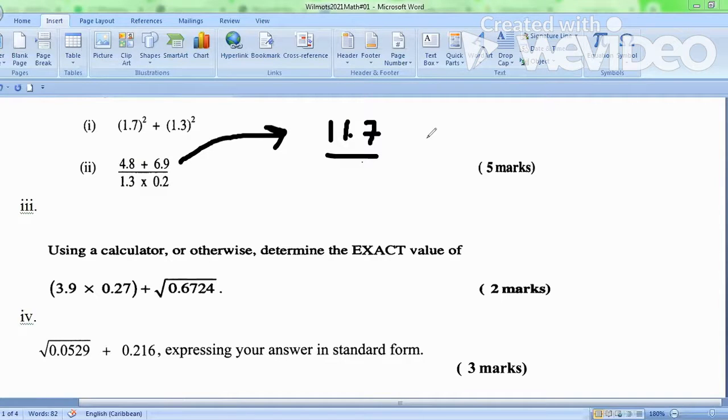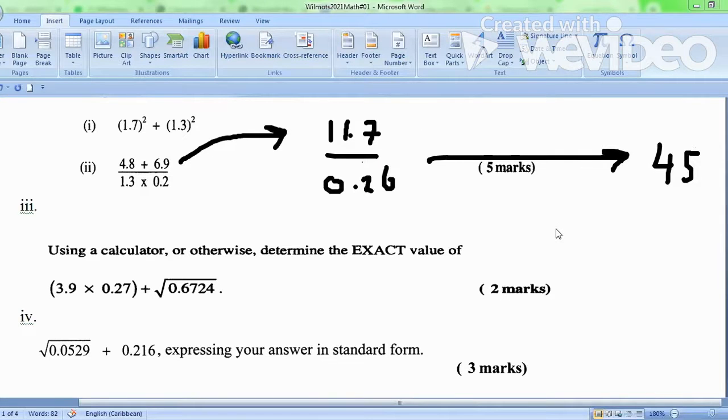So it's 1.3 times 0.2, which is 0.26. Good. Right, and then you'll actually divide that, the 11.7 divided by 0.26, and you get 45. Very good. You get 45, right?